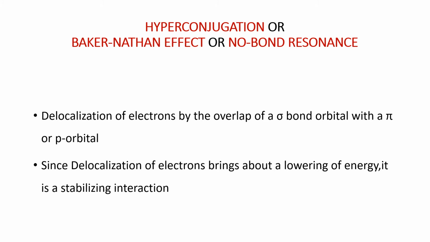Hyperconjugation may be regarded as the extension of resonance effect into sigma-pi or sigma-p conjugation. That is, delocalization of electrons by the overlap of a sigma bond orbital with a pi or p orbital is called hyperconjugation. Since delocalization of electrons brings about a lowering of energy, hyperconjugation is a stabilizing interaction.